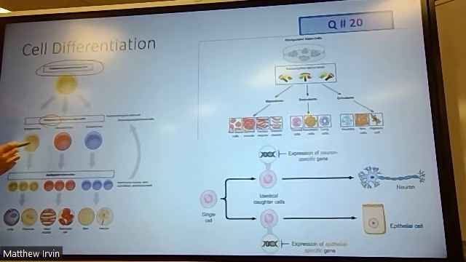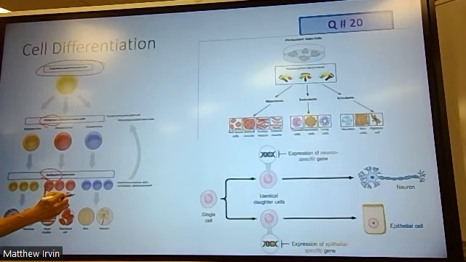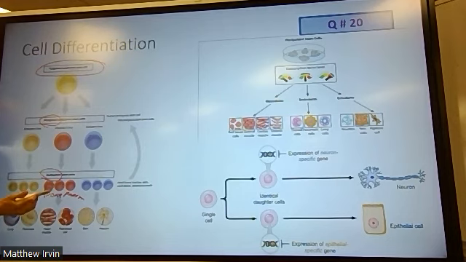And then the tissue types will become more specific and become multipotent. So a multipotent cell would be like bone marrow cells, and then they can become any type of blood cell. But these bone marrow cells cannot become skin cells or lung cells or whatever.